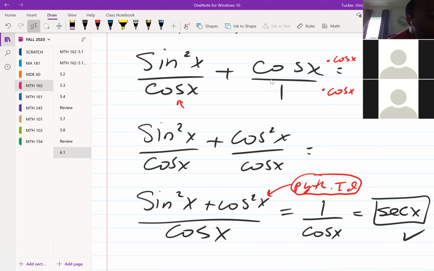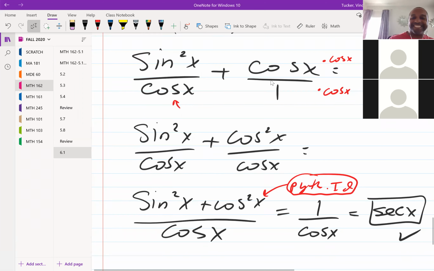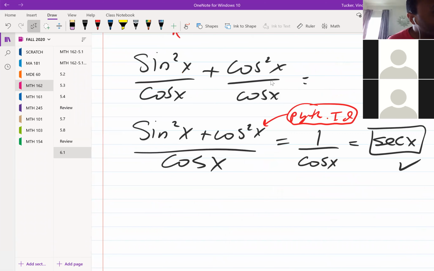All of the sections in chapter 6, we're not really getting into an application. We're just setting that foundation so that you can use it moving forward. Unfortunately, I'm sorry. Chapter 7 is the law of sines. When we get into the law of sines and law of cosines, we'll get into applications.